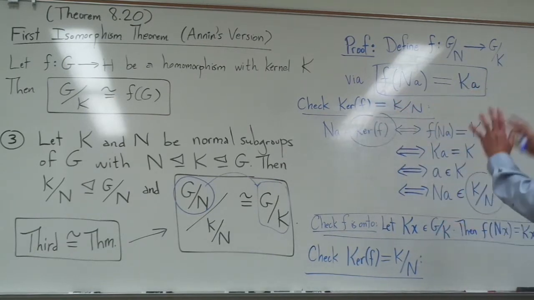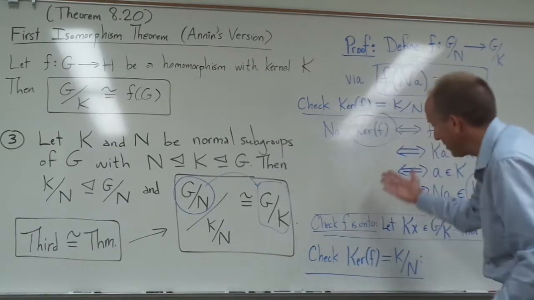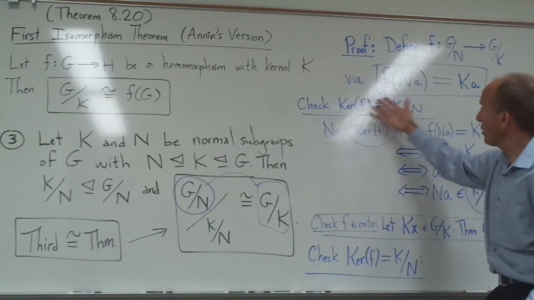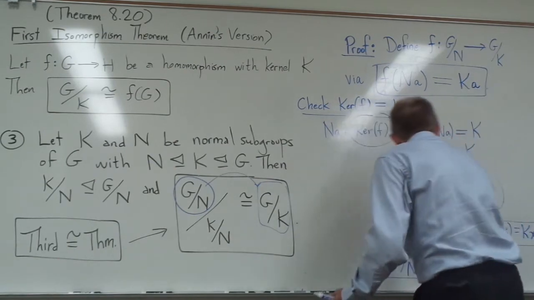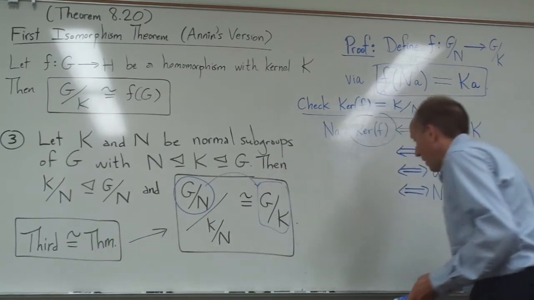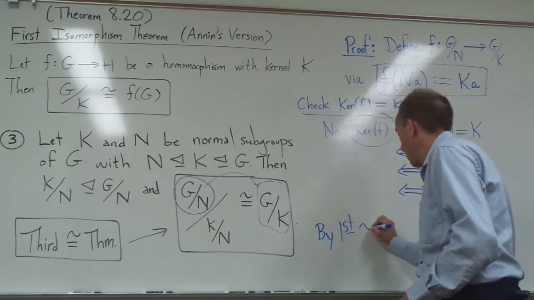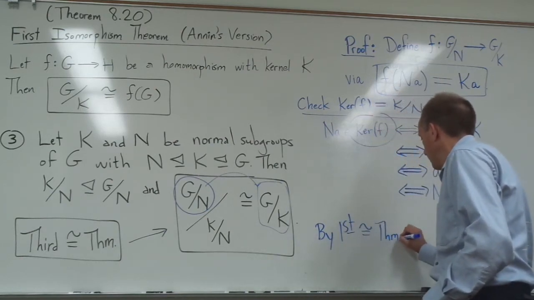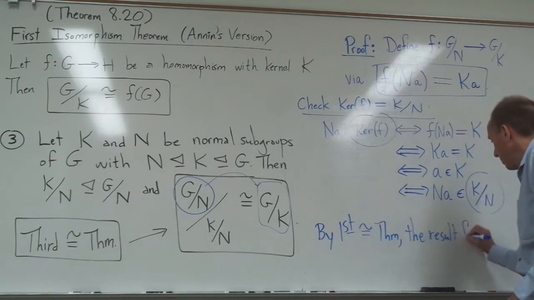Once you've checked all of these things, you check that f is well defined, that it's a homomorphism, that it's onto, and that the kernel is what it's supposed to be. Now, you just simply finish by saying, look, by the first isomorphism theorem, the result follows.